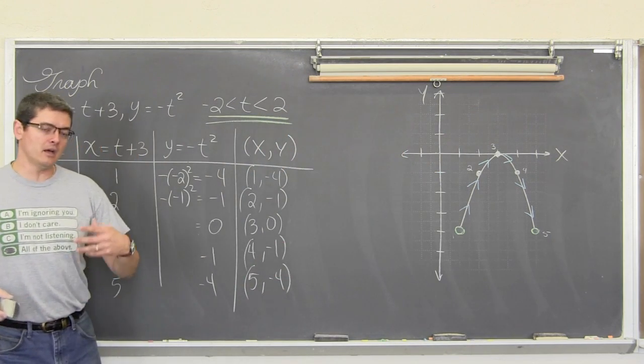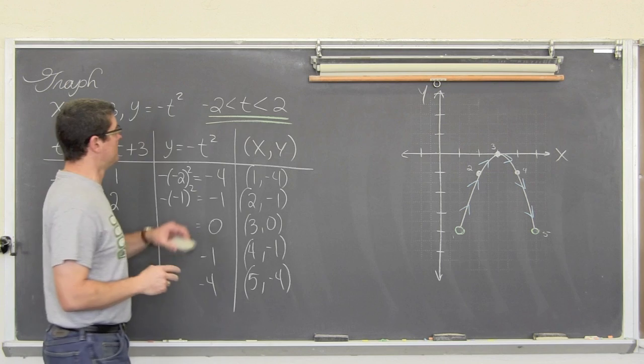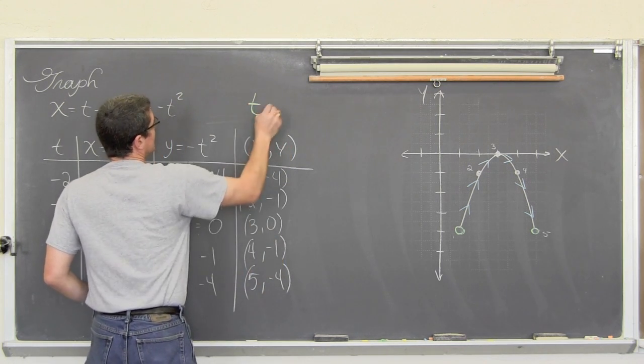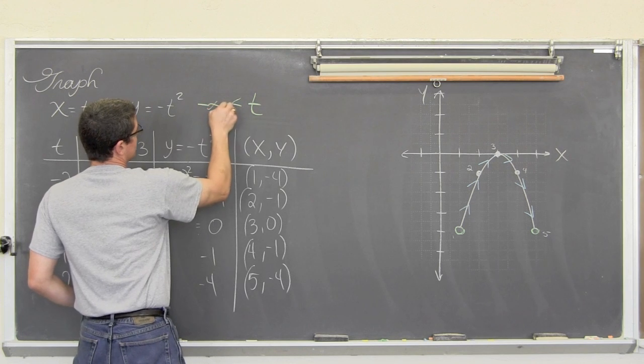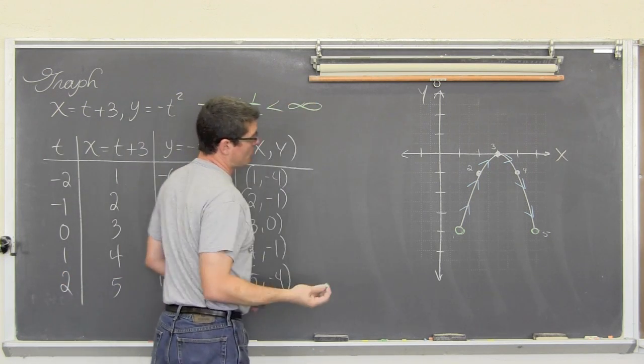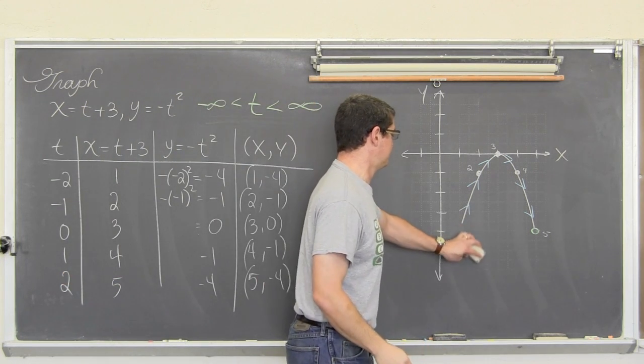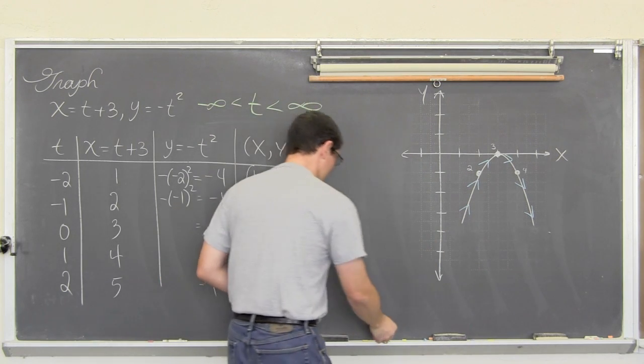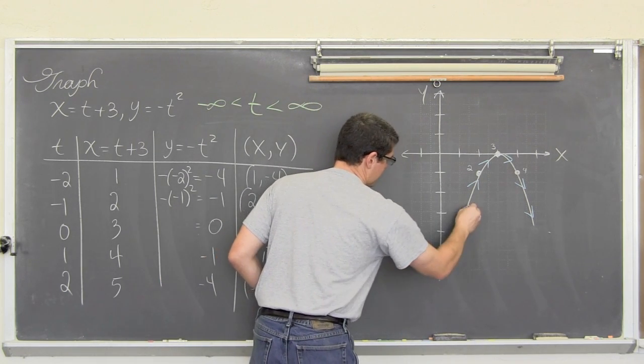And finally, in my last example, for a variation of this problem, if t went from negative infinity to positive infinity, well then it would be acceptable or required for me to put some arrows at the end of this graph.